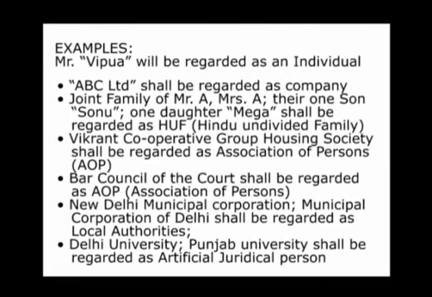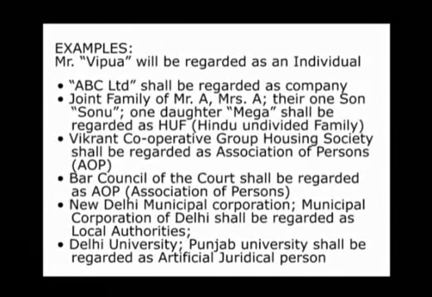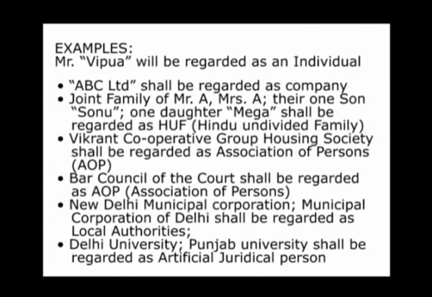The 4th category is the Vikrant Cooperative Society. This is the name of some society, and similarly you may find the name of some other society. Vikrant Cooperative Group Housing Society or a similar society shall be regarded as an Association of Persons, AOP. The Bar Council of Court shall be regarded as an Association of Persons, same.